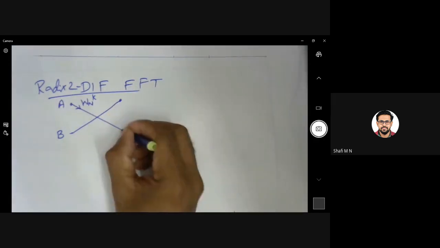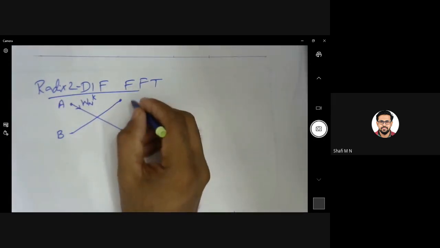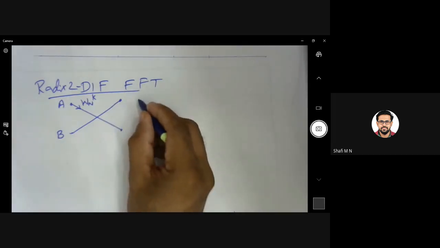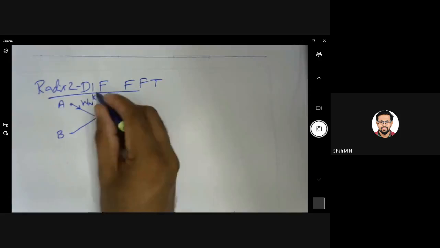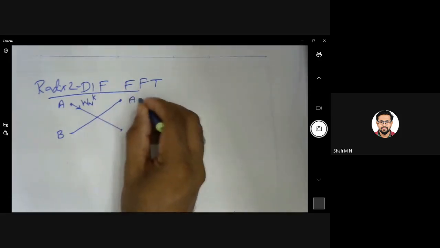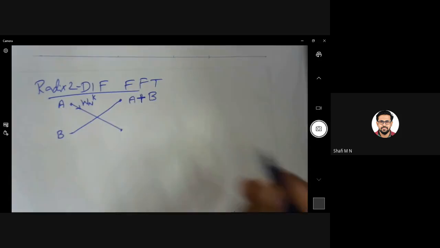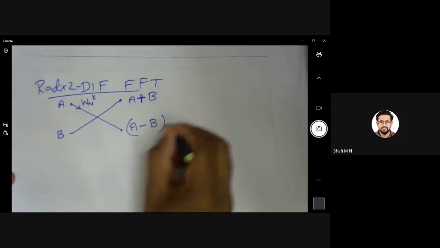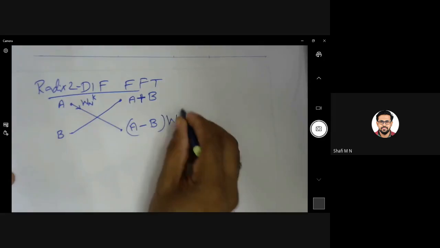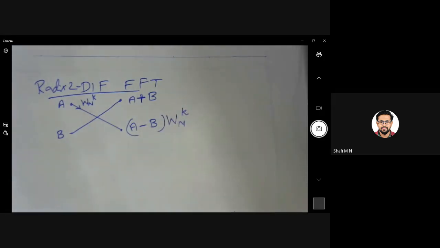In DIT, I would like to recollect the outputs: this was A plus B into W_N^k, and this was A minus B into W_N^k, right? In DIF, the upper output is simply A plus B alone, the summation of the inputs. And in the lower arm, you will have (A minus B) whole into W_N^k. So this is the butterfly of decimation in frequency. Just note it down, and we will look at the steps.